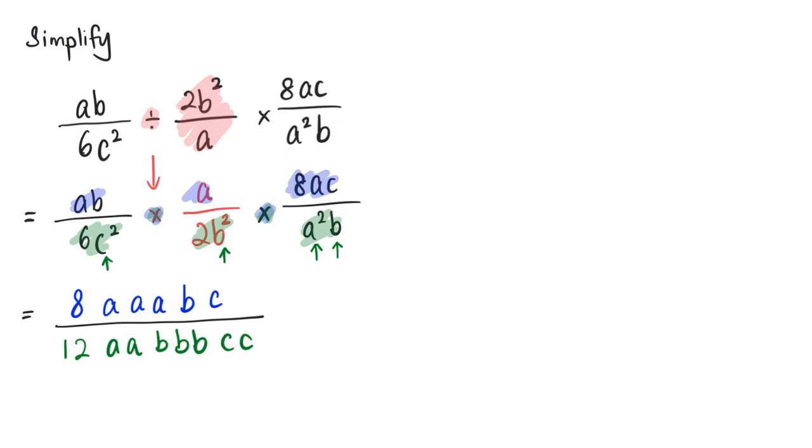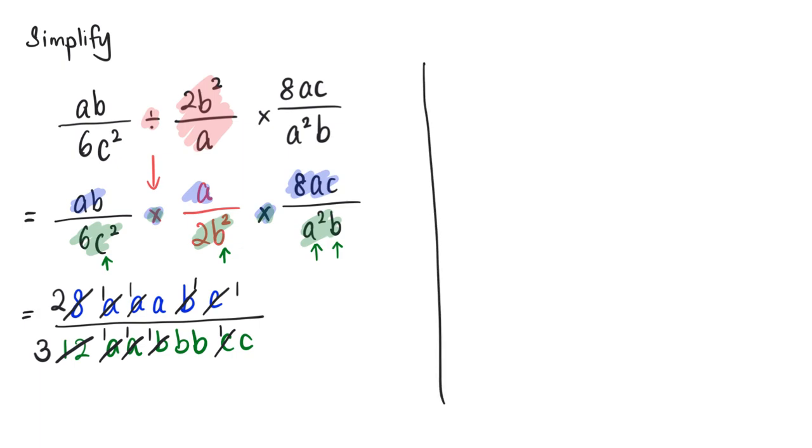And from here, 8 over 12, I could divide by 4 to give me 2, divide by 4 to give me 3, a divide by a divide by a, b divide by b, c divide by c, and finally I would then be able to get my final answer.